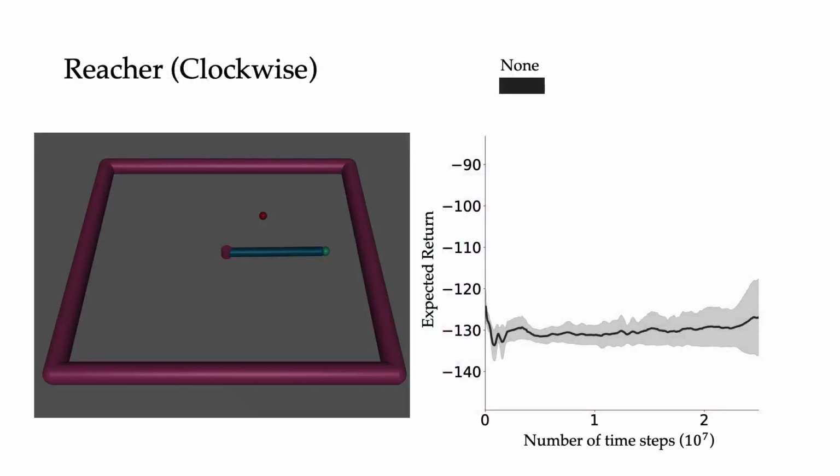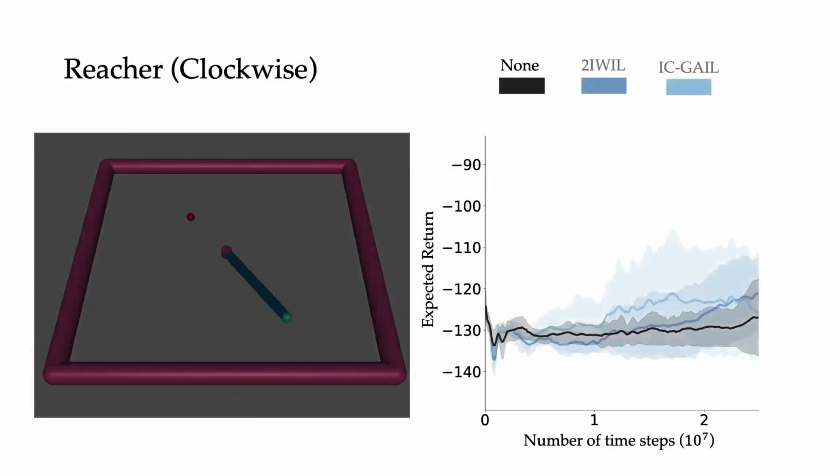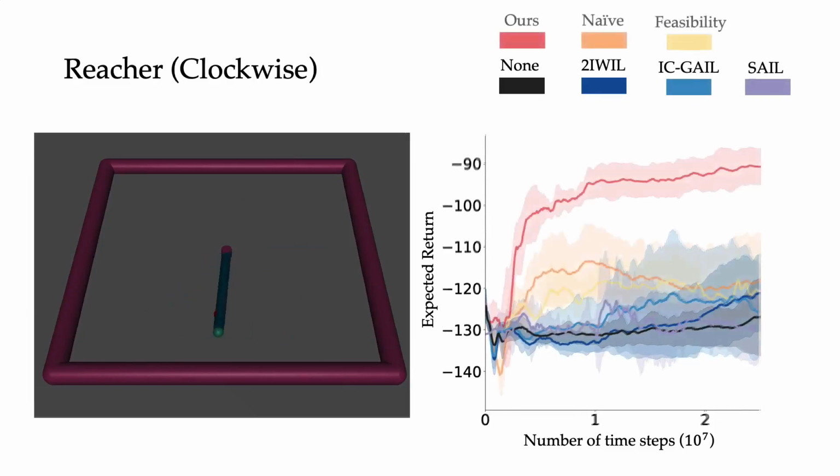We conduct experiments comparing with baseline methods with no weights, as well as other baselines such as 2IWIL, ICRL and SAIL. We also compare our algorithm with variants of our method, including using a naive version of optimality and only using the feasibility score.